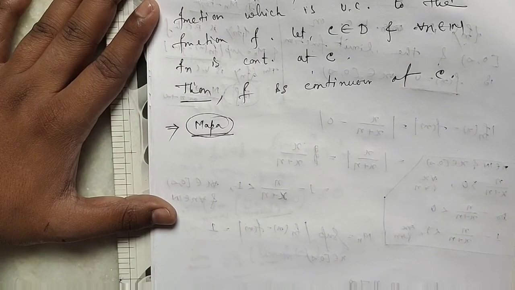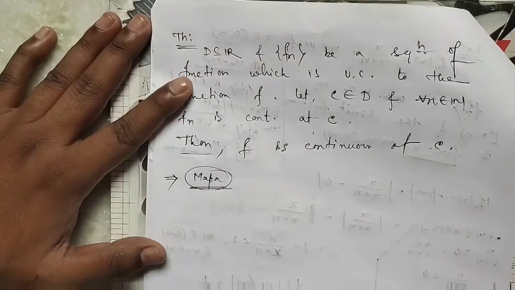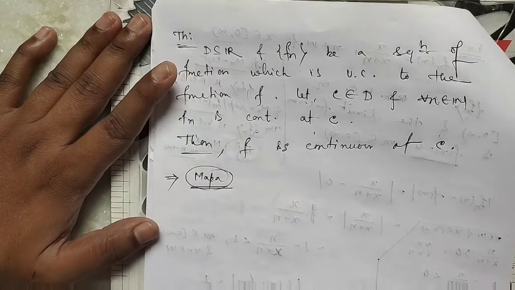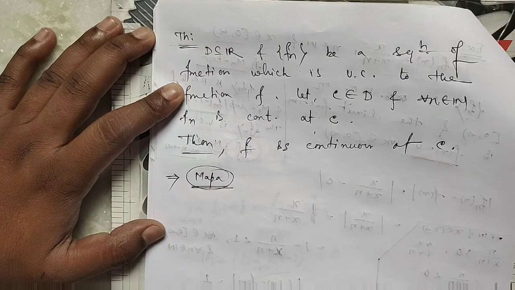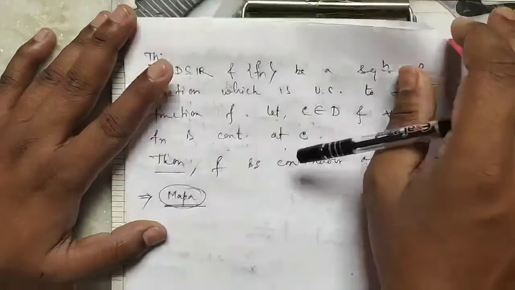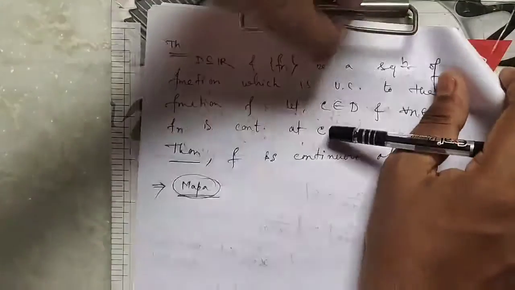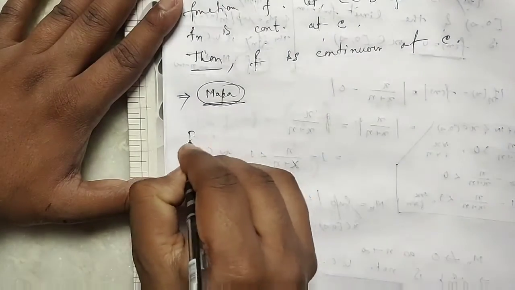We give some examples of how to use this theorem to check whether a sequence of functions is uniformly convergent or not. So we give some applications of this theorem.